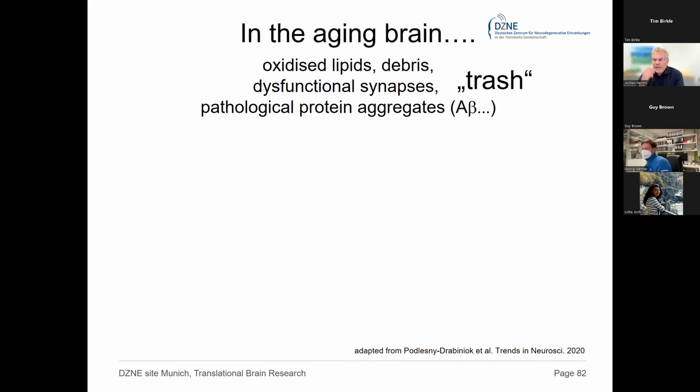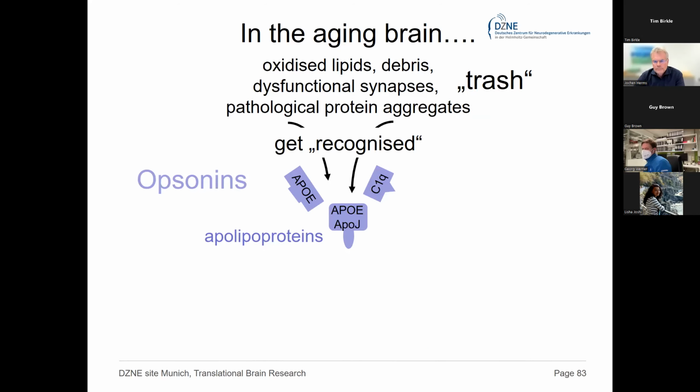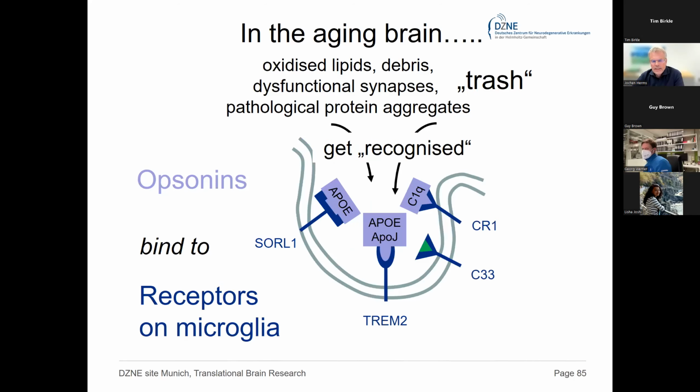So in the aging brain, oxidized lipids, debris, dysfunctional synapses, and pathological protein aggregates like A-beta get recognized by opsonins. And the most important opsonins are ApoE and ApoJ, which are apolipoproteins, and C1q. These are released from microglia and astrocytes, and they bind to receptors on microglia.